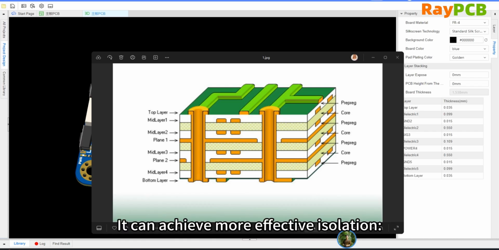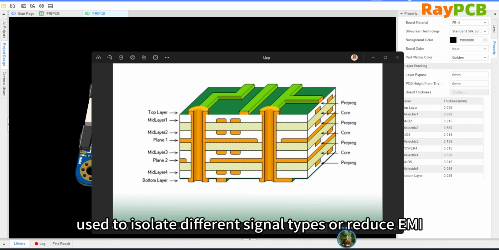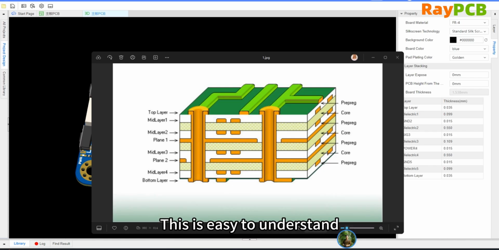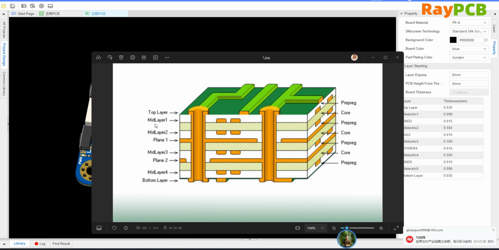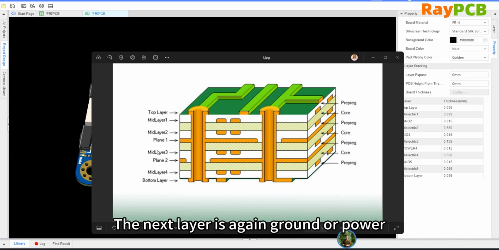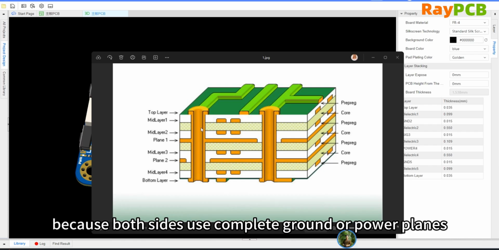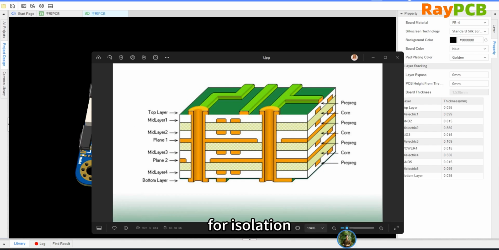It also enables more effective isolation, as the additional planes provide stronger isolation capabilities for separating different signal types or reducing interference. This is easy to understand. Let's suppose the inner layer, say L1, is a ground plane, and the next layer is a signal layer, and then the following layer is again a ground plane, then this second middle layer can be completely isolated. It won't have any related quality issues, as both sides are fully isolated by a complete ground or power plane.